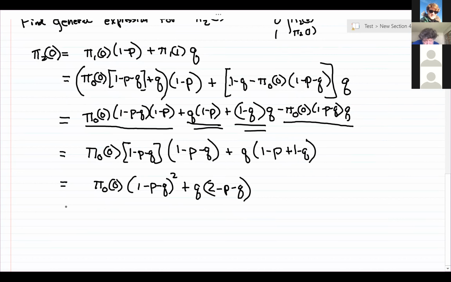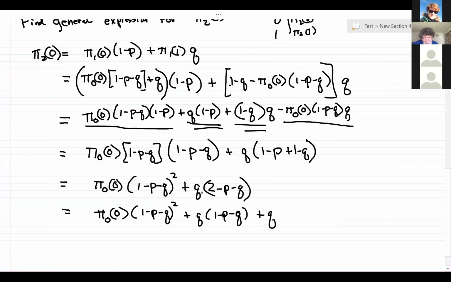It looks like pi 0, 0. This part is identical. But this part, if you just look at the 1 minus p minus q, if you prefer to write it this way, you could write it as q times 1 minus p minus q, 1 minus p plus q.